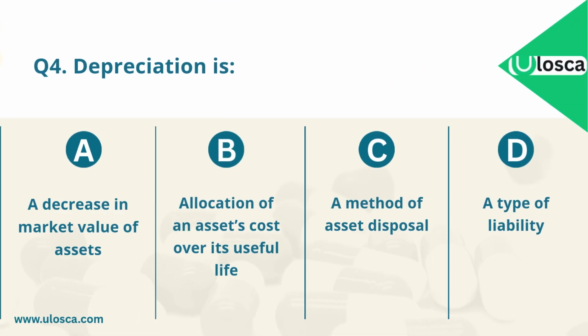Question 4. Depreciation is A. A decrease in market value of assets. B. Allocation of an asset's cost over its useful life. C. A method of asset disposal. D. A type of liability. Which one is the correct answer?